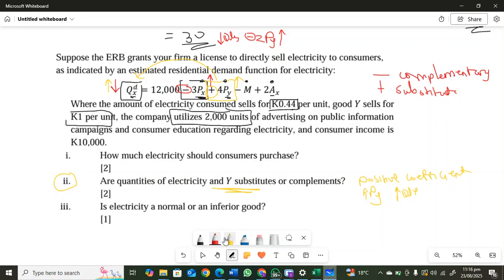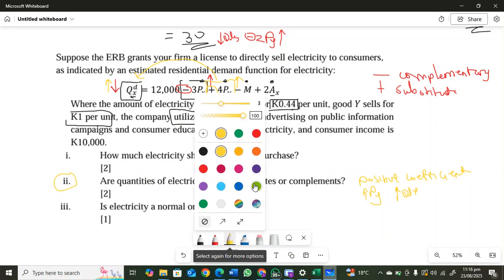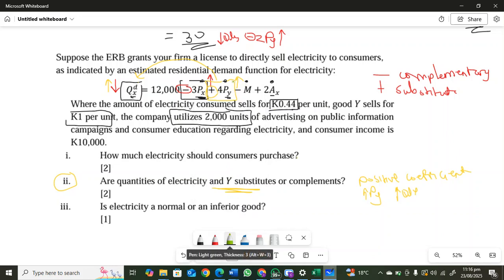Then if we look at the relationship between M and good X, there is a minus sign here. If we hold all other factors constant, PX, PY, and A, and we look at the relationship between M and QDX, there's a negative relationship.